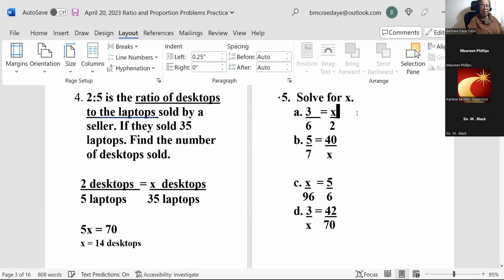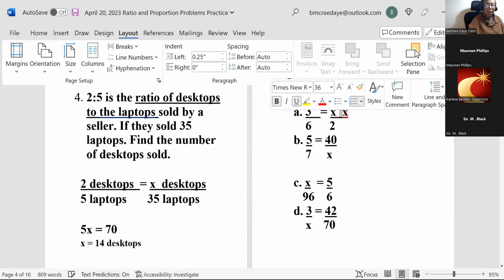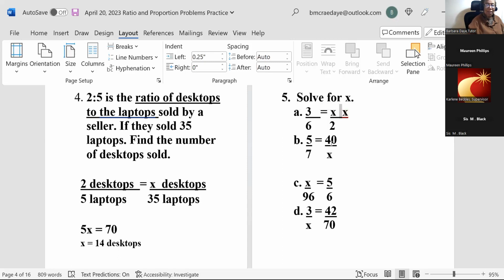What's X equal to for A? 6X. Okay, what is X equal to? I just want to know the value of X. The value of X is what?